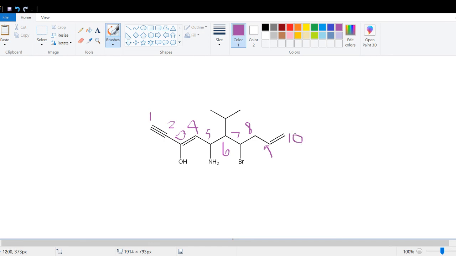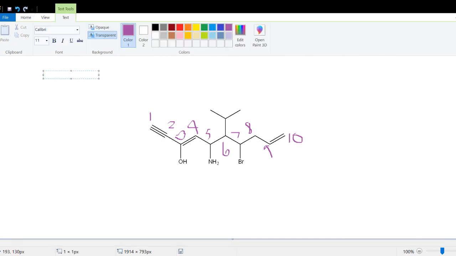Okay, so where's my text box? So I'm looking at a decane, 10 carbons in a row. I'm just going to start typing these out because I can't stay on here forever all night. Carbon 1, 1-yne because it's got the alkyne. I have 3-ol, there's an alcohol at carbon 3.